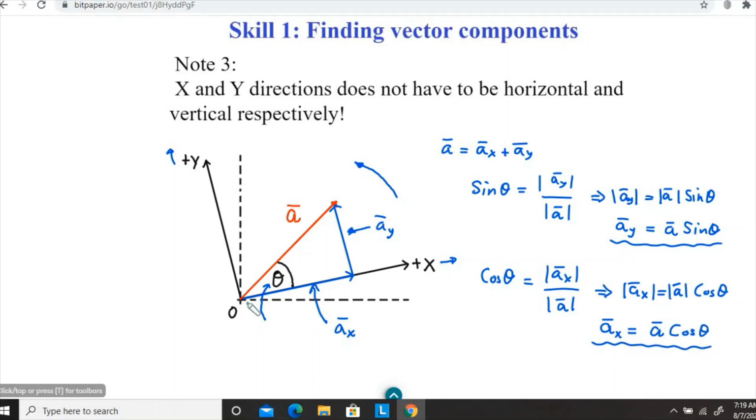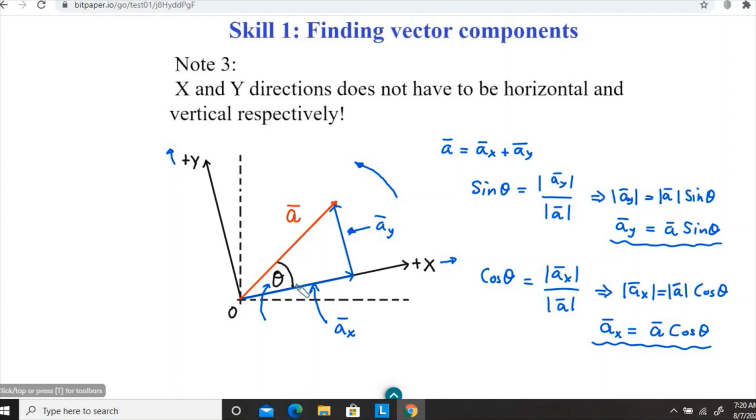Again, here you'll see that this component vector is along the positive x direction. So that means it's a positive sign in front of the right hand side, which I'm not going to put in both cases. But still, the important thing is that x and y axes do not need to be always horizontal and vertical. They can be rotated clockwise or counterclockwise, but still you can apply that method I told you.